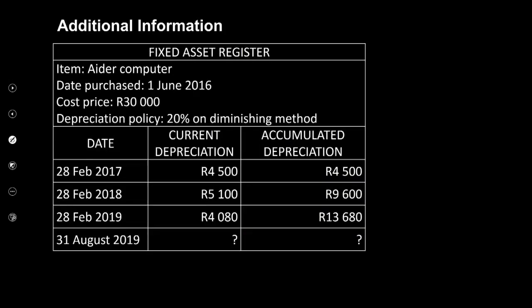Right, let's look at the calculation. So here's the fixed asset register. Clearly I can see the cost price of the asset was 30,000 Rand, right? What was its accumulated depreciation? The accumulated depreciation before the current year was 13,680. Okay?